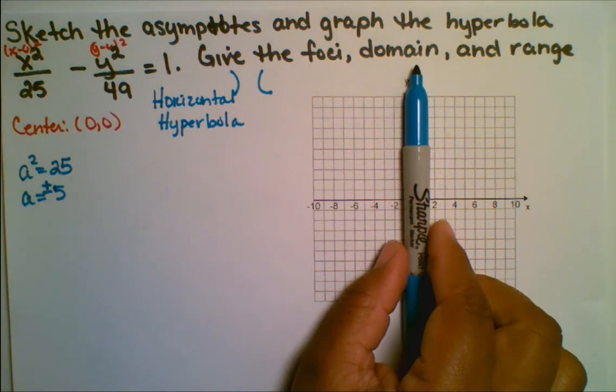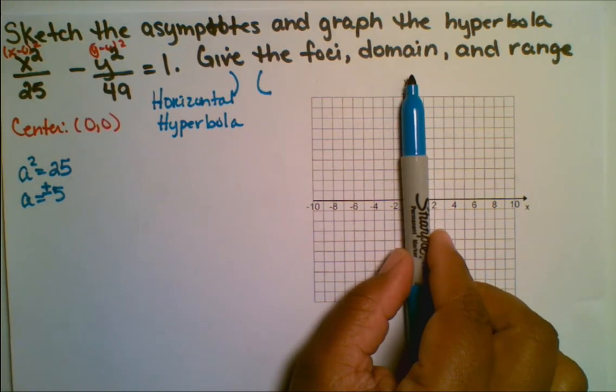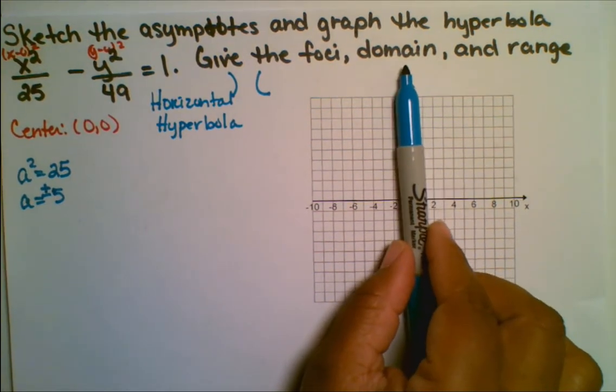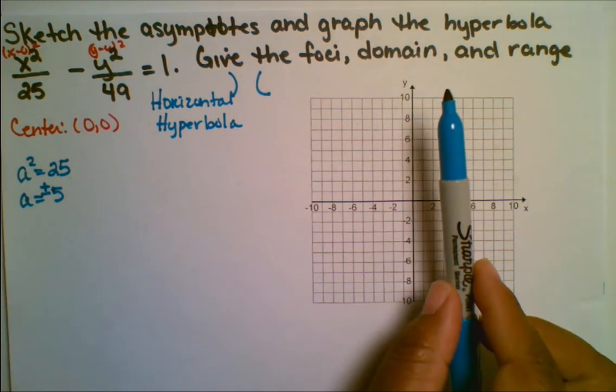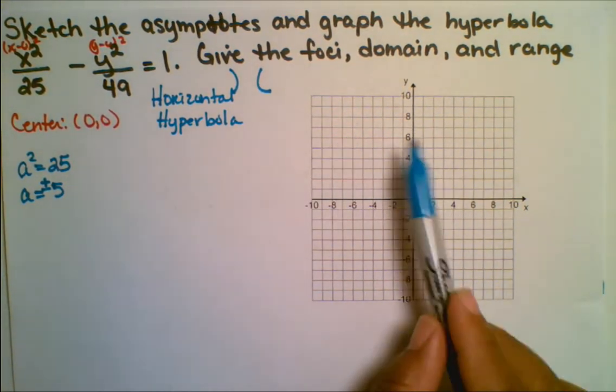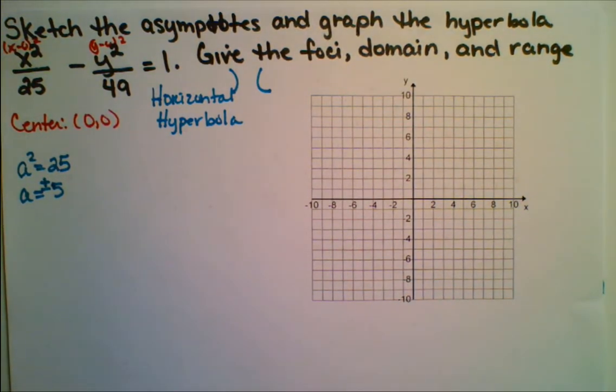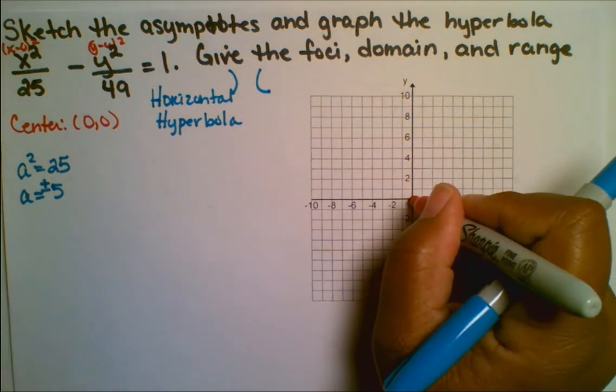Okay. And remember, we talked about the transverse axis of a hyperbola, and we talked about the conjugate axis of a hyperbola. Well, this will be the conjugate, the y-axis, because there's nothing that's going to be drawn left and right there. So here we have our center at 0, 0.